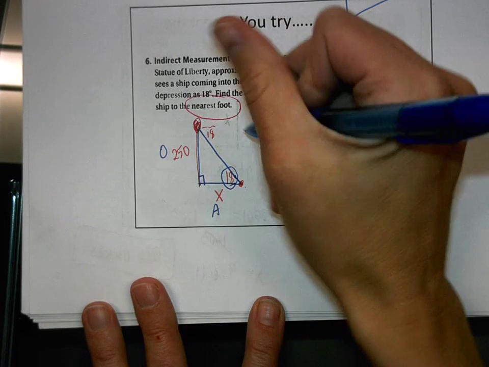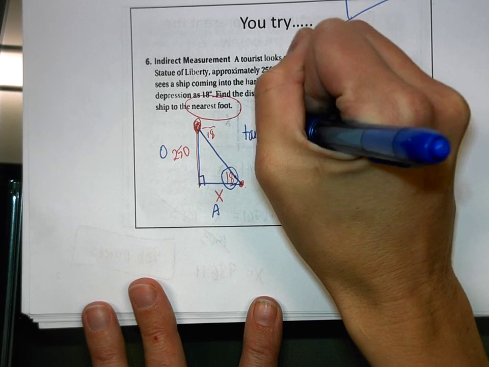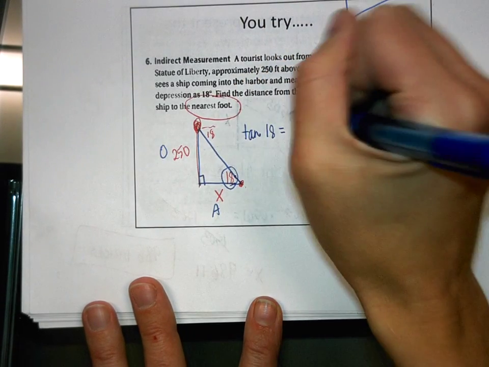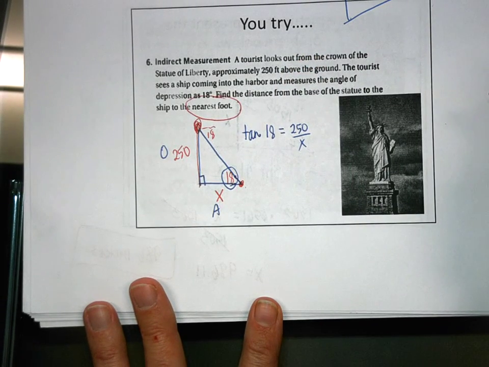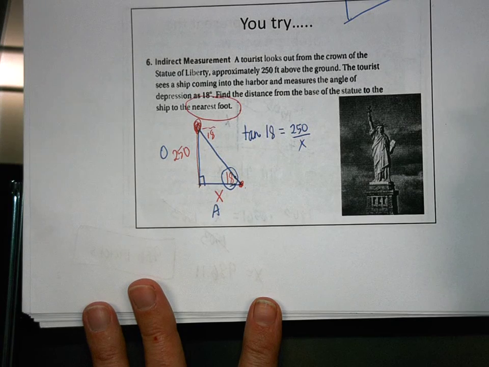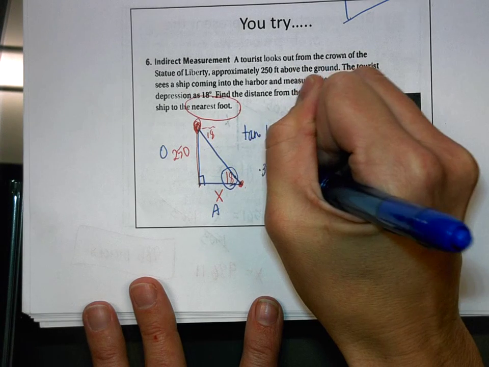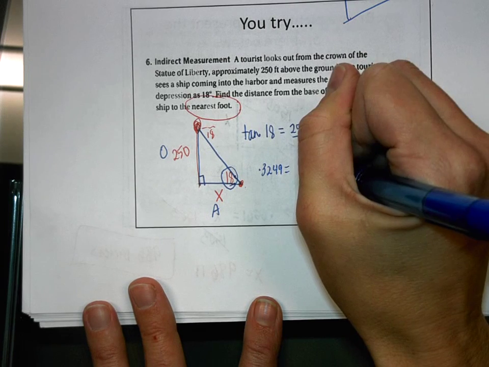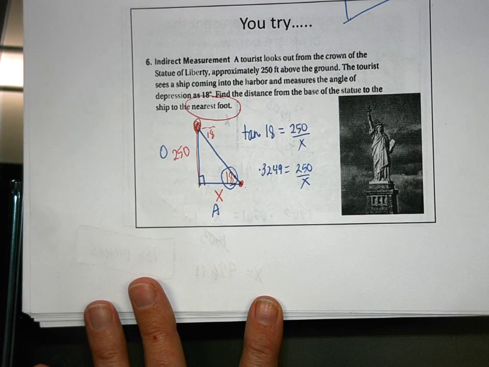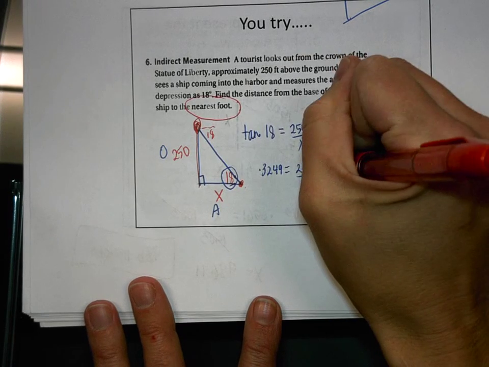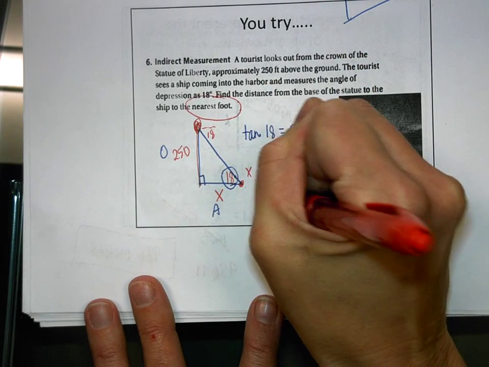Very good. So this is tan or tangent of 18 equals 250 over x. What's tangent of 18? Good. 0.3249 is correct. Equals 250 over x. How do I eliminate the fraction? Good. That cancels. So I have 0.3249x equals 250.